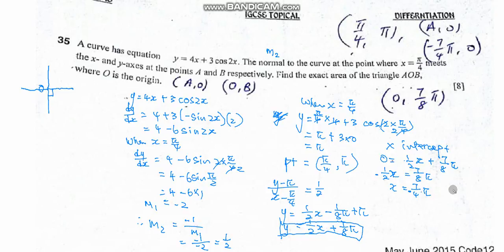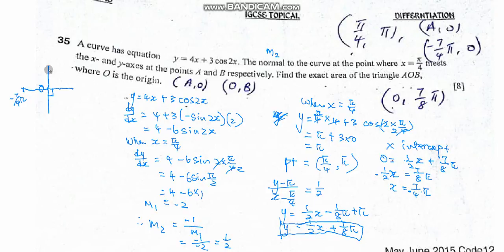So your x-intercept is here, minus 7 over 4 pi.